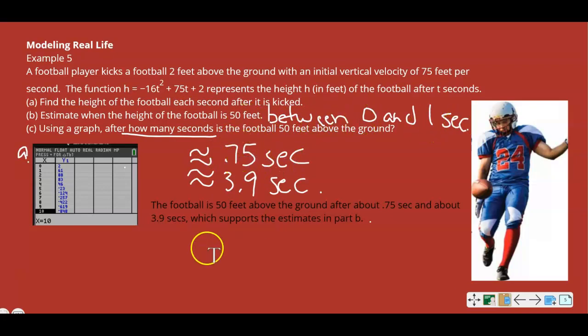So the 0.75 supports that answer up there. We probably should have got an estimate for the other side as well, which you can easily do by looking at the graph. Again, it would have been between 3 and 4 seconds, and you can see 3.9 falls between that. So that would support that estimate as well. All right, that's all for example 5. If you have any questions, please let me know.